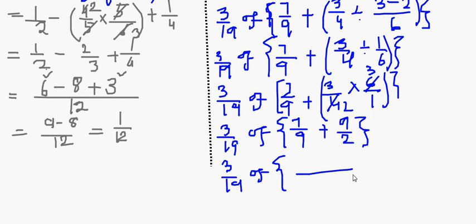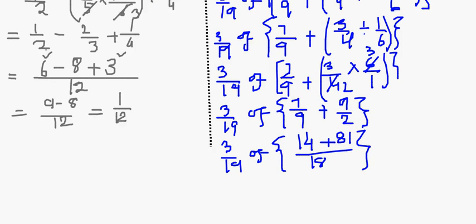I think the LCM will be 18. So 18 divided by 9 is 2, and then 2 multiplied to 7 will be 14. Similarly, 18 divided by 2 is 9. 9 multiplied to 9 is 81. I would need more space.